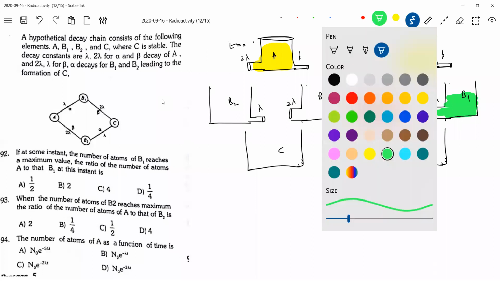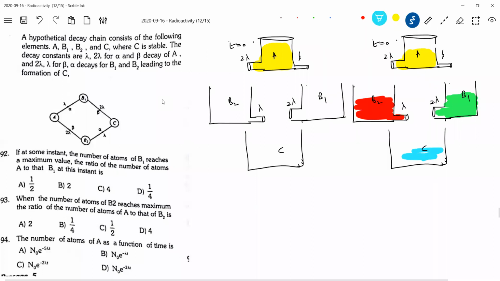Okay, now we'll get into this, this is stable. Directly go for writing this at any time t.